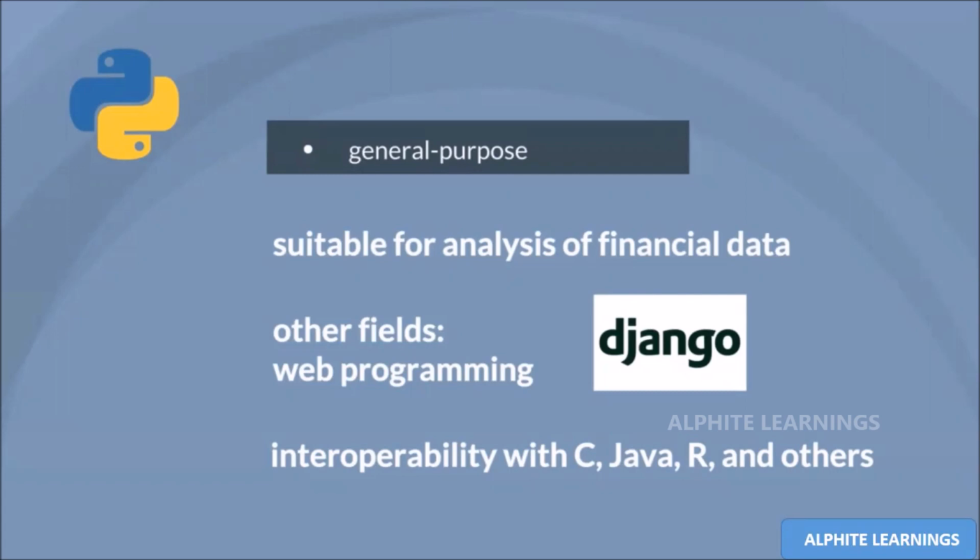Whatever you develop in Python can be interoperable with other languages like C, Java, R, and many more. Say I'm developing code for my mobile application and want to insert this program into a C script; I can import it directly rather than changing the syntax. Easy, right? So this is all about general purpose.